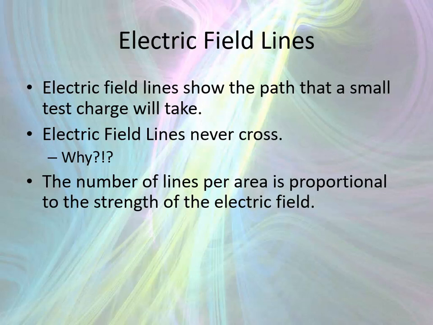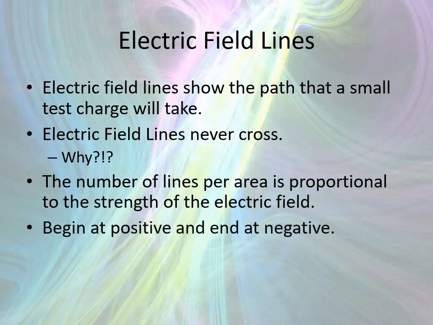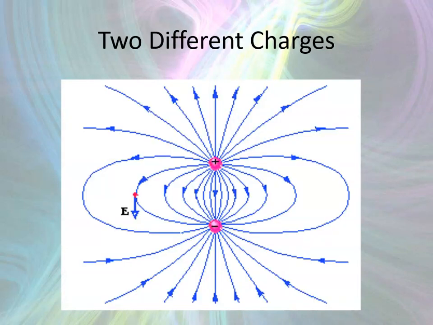And again, number of field lines is proportional to the size of the charge. What does that mean? It means that the number of field lines per unit area is proportional to the strength of the electric field. And again, you begin at a positive and end at a negative. So, you have positive charge here, lots of field lines going out of it, and many of them end on this negative charge down here.